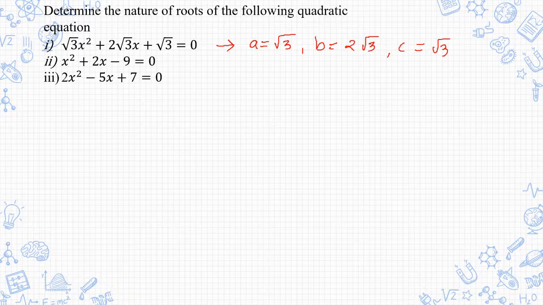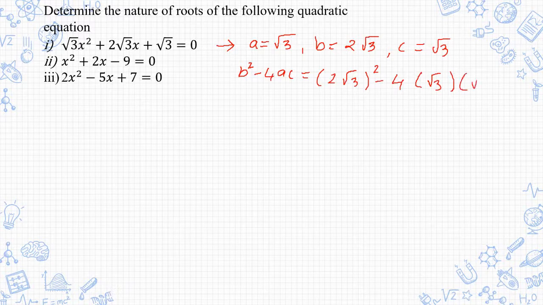So we'll find out here b squared minus 4ac. In this case, b is 2 root 3. So (2 root 3) squared minus 4, a that is root 3, and c which is also root 3. The square of 2 root 3 will be, square of 2 will be 4, and square of root 3 will be 3.